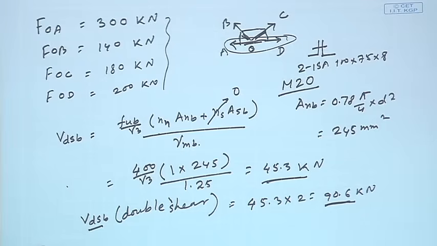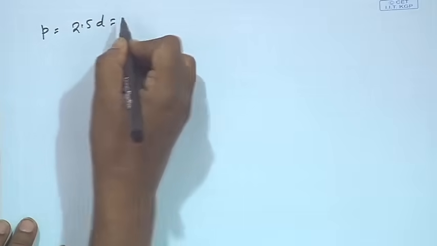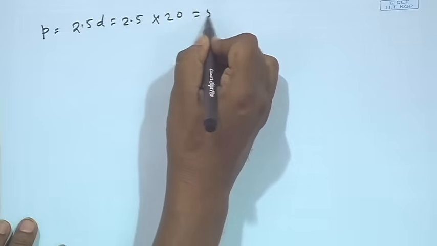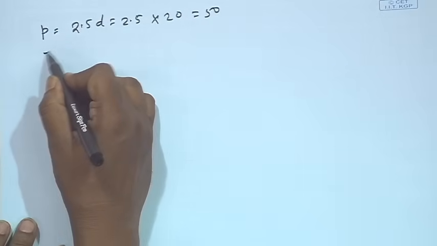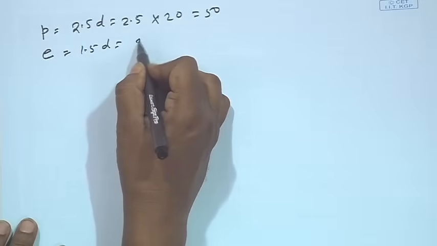kilonewton. Now, we have to assume certain pitch value and edge distance. So, pitch value we can consider as P is equal to 2.5 D, that is 2.5 into 20. So, it is 50, and edge value we can consider 1.5 d, that is 30.